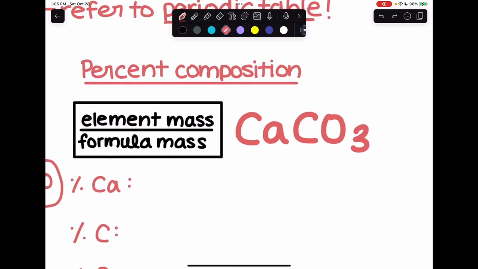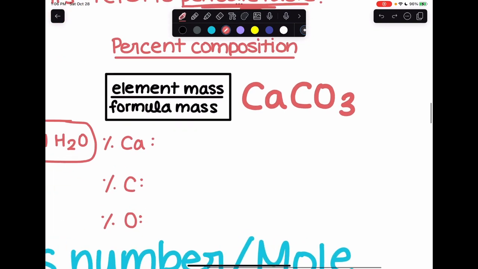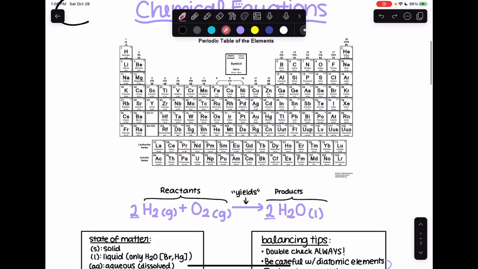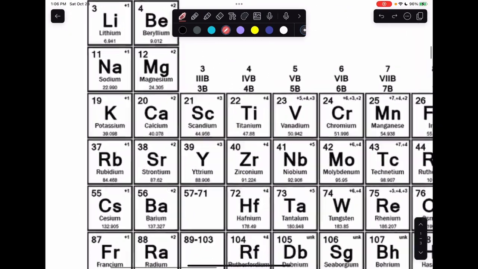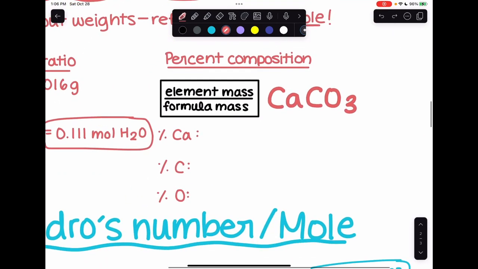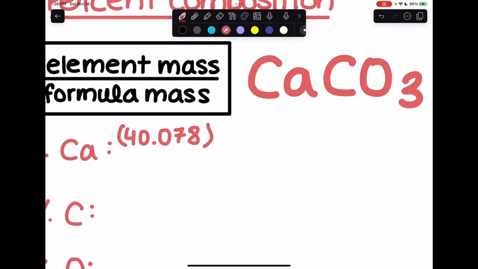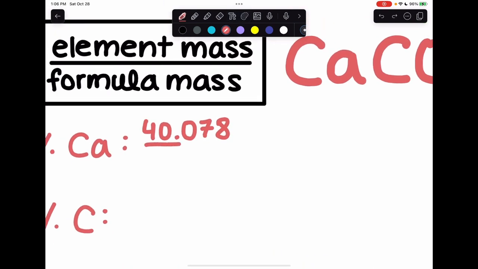Now, percent composition is just a little step up from that. Percent composition will basically be the weight of any given element in a compound over the total weight of the compound itself. So let's do that for each one of these. What's the weight of calcium? There's only 1 calcium in this, so we can just put that at the top. 40.078. If there was more than 1 calcium, we'd have to multiply this by 2 or 3 or whatever, but there's only 1.